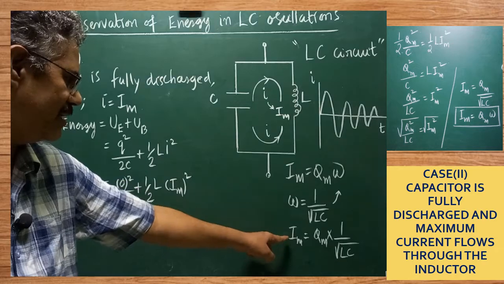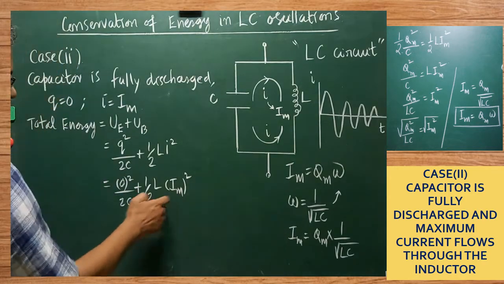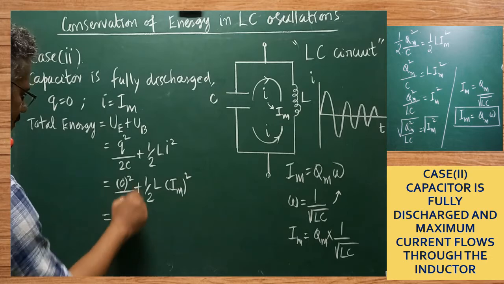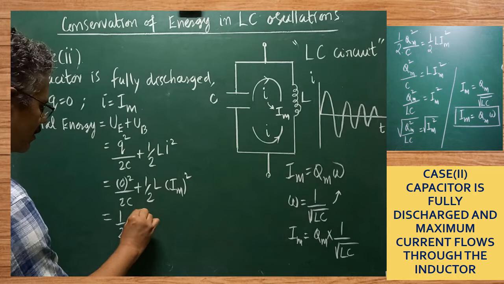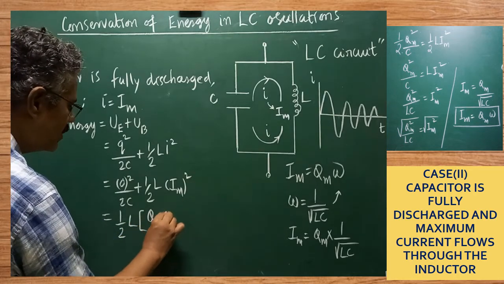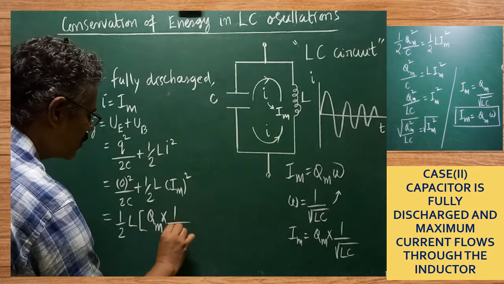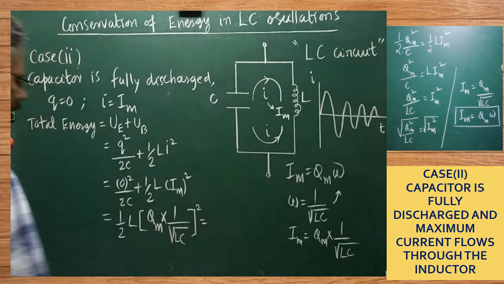So now we have obtained the expression for Im. This expression for Im is to be substituted here. So what will happen? This factor becomes 0. Therefore, half L, and instead of Im, we can write Qm into 1 by square root of LC, to the whole square. Are you clear?